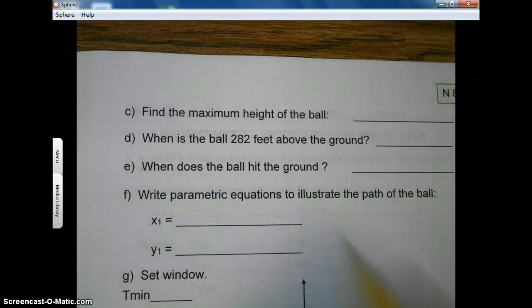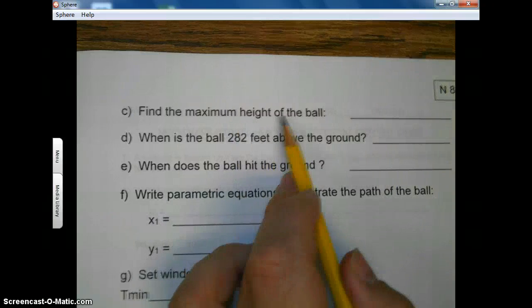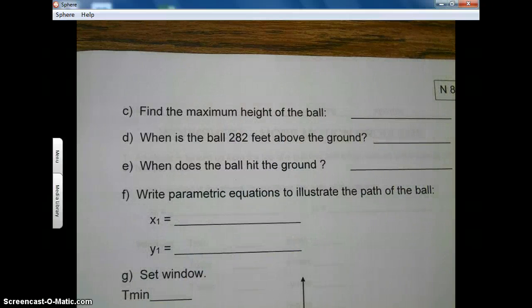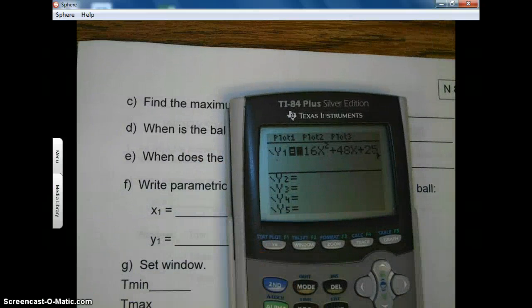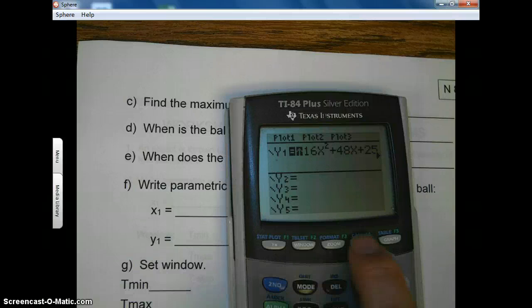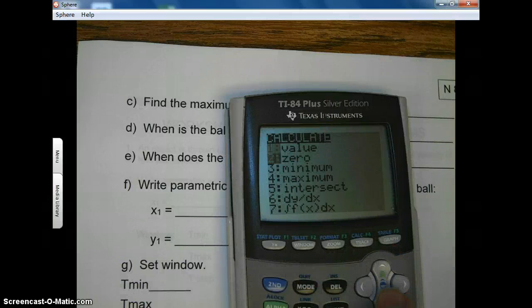Okay, so now we want to find the maximum height of the ball. So I'm going to go ahead and plug it in, without the t, just with an x and a y, because we're just finding height. Second, calculate. I want the maximum.